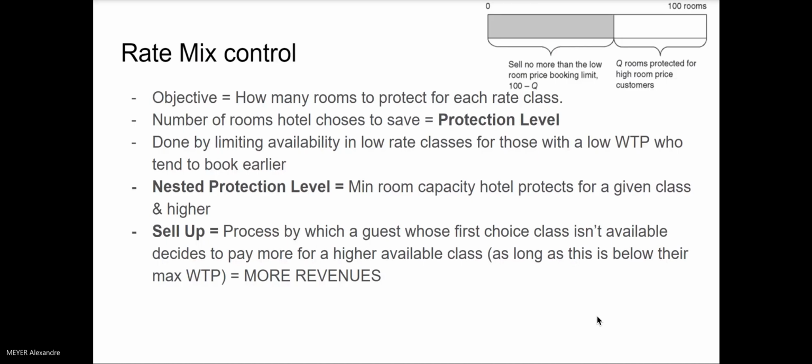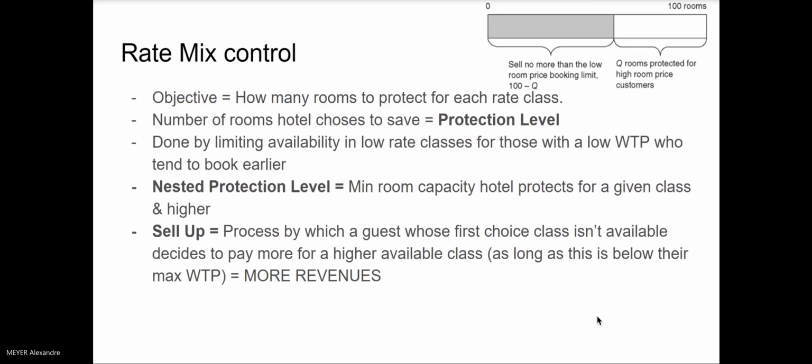Sell-up is the process by which a guest whose first choice class isn't available decides to pay more for a higher available class. So say, for instance, you're willing to buy a room for $200, right? But you have a tight budget, and you want to purchase a room for $150.